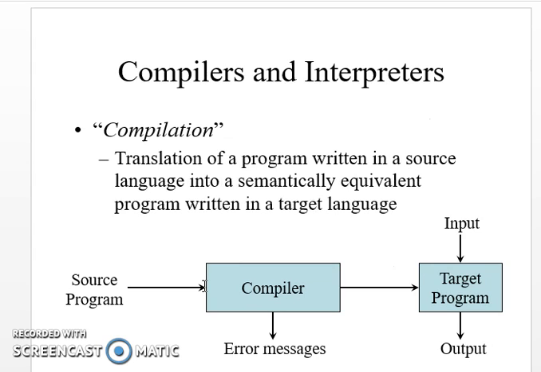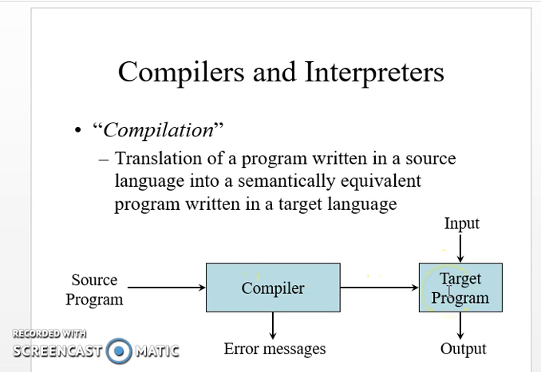And what is a compiler? It is nothing but the translation of a program which is written in some source language into an equivalent target language, that is, systematically converted into the target language. So here we have a diagram. This is the compiler, which takes the source program as an input and generates the target program.